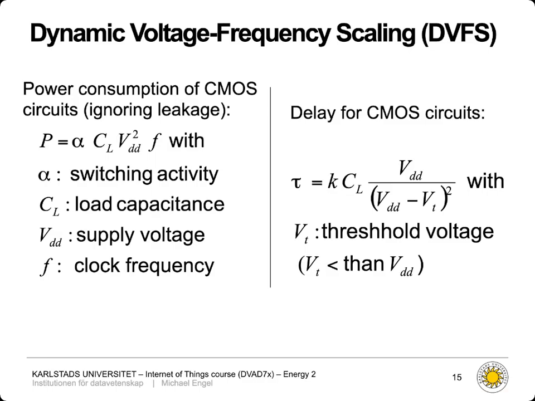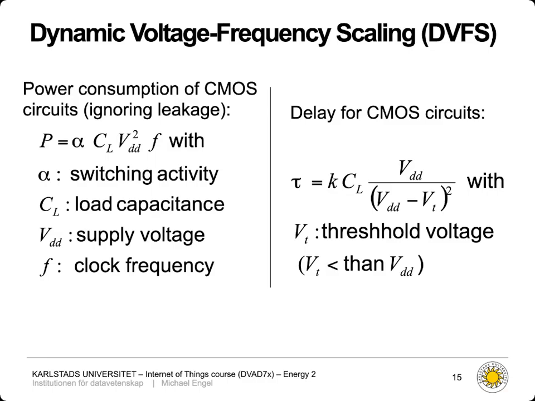Essentially, this depends on the difference between the supply voltage and the threshold voltage, the voltage needed to switch between a 0 and a 1. And you see, this is also dependent on the capacities of a chip, the supply voltage, and the difference between the supply voltage and the threshold voltage squared. So essentially, this gives you a time, and this time is the reciprocal value of the frequency you can run this at.